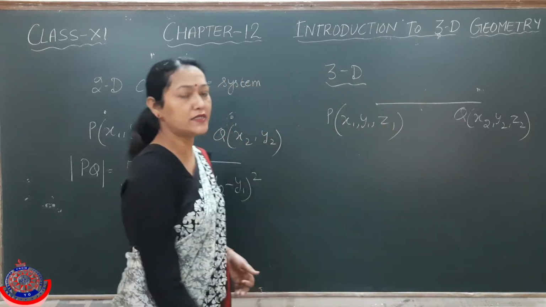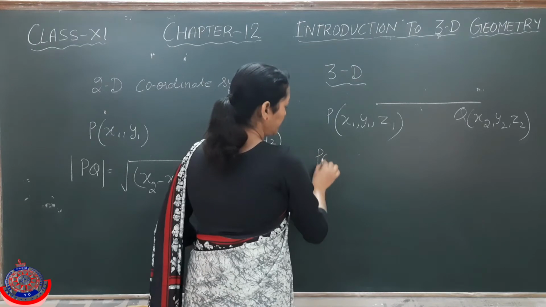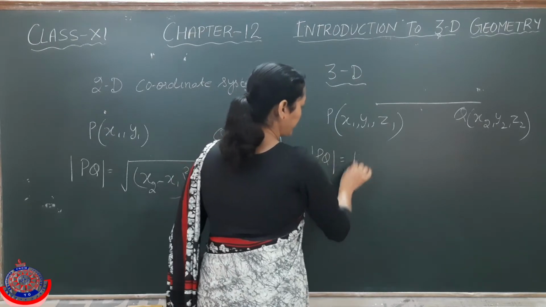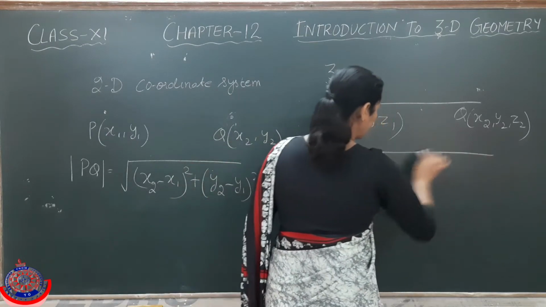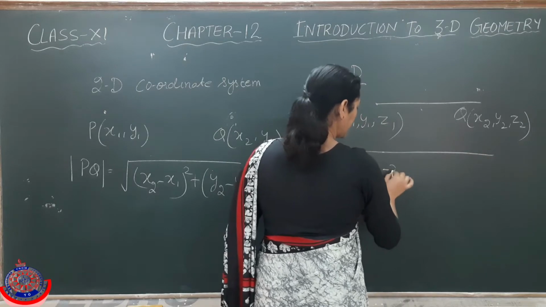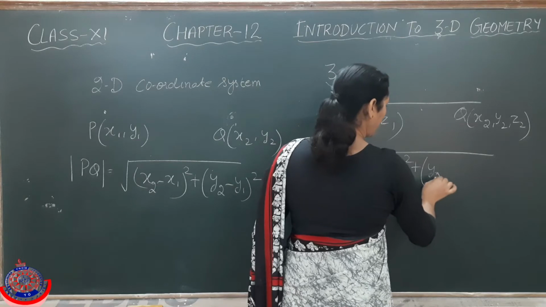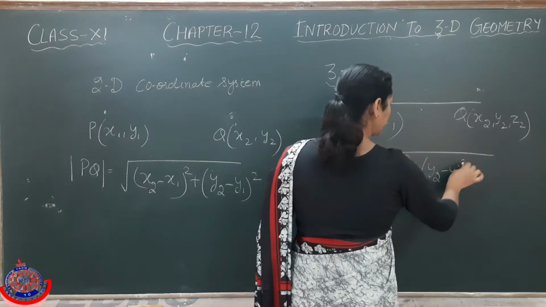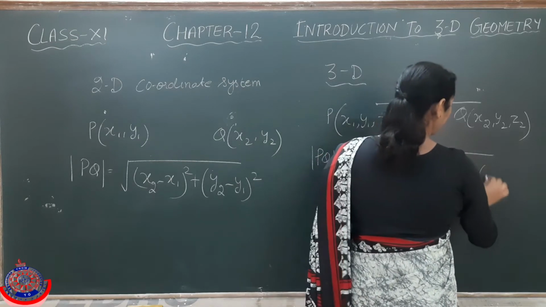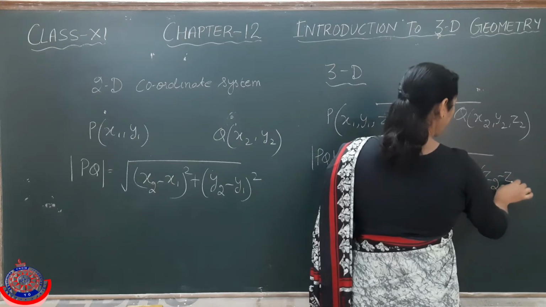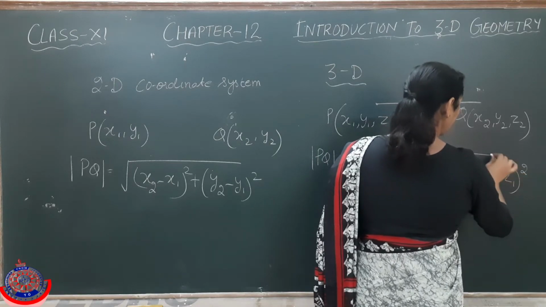And in that case, distance formula will be used as x2 minus x1 whole square plus y2 minus y1 whole square plus z2 minus z1 whole square.